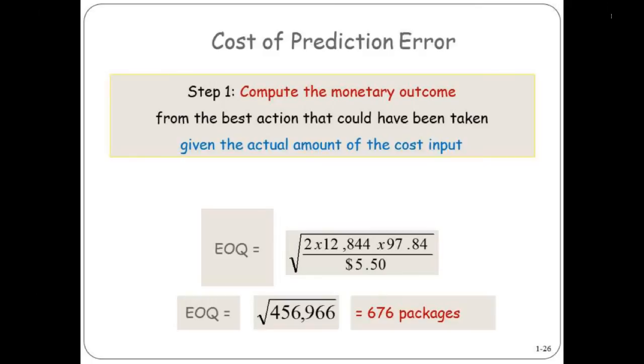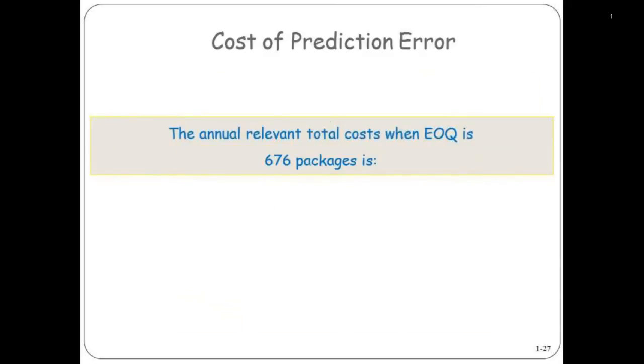As your ordering costs go down, you should be able to order in smaller numbers because your trade-off between ordering costs and carrying costs starts to favor you don't want to carry as much inventory because your ordering costs are not as severe. So now your economic order quantity is 676. But you had 988 as your economic order quantity?